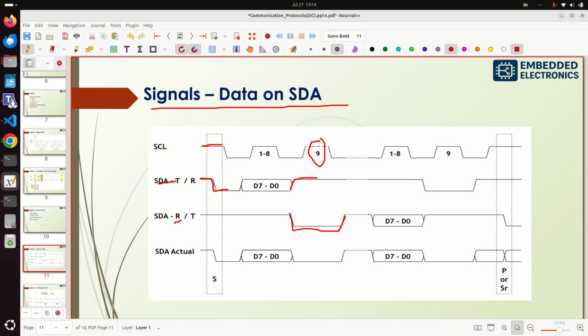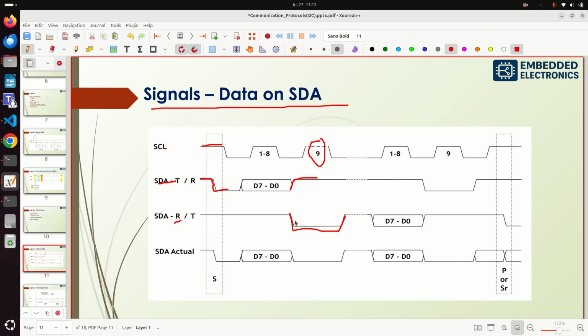After this, master wants to read the seconds, but this acknowledgement is not shown. It is not a must. There is a possibility. Okay. So after that, master wants to read the seconds.